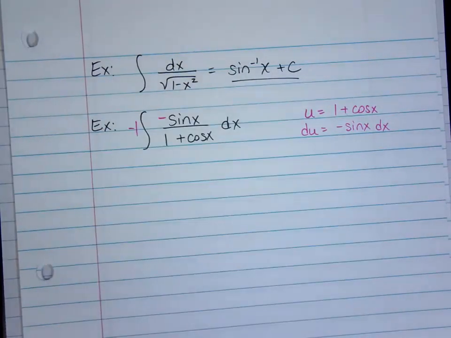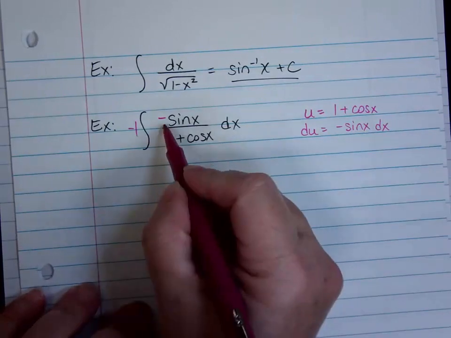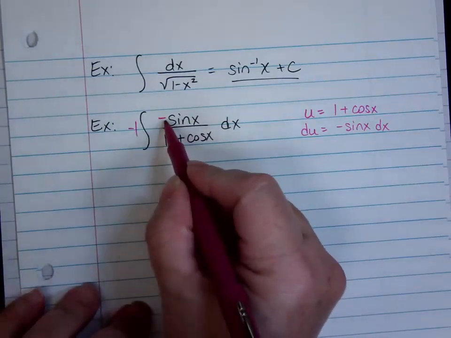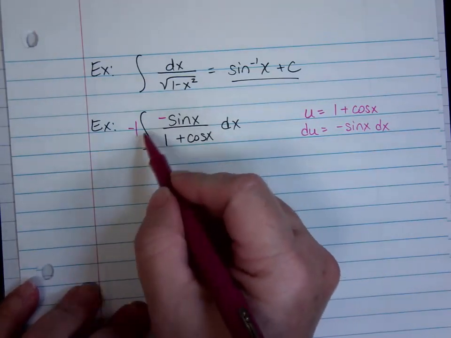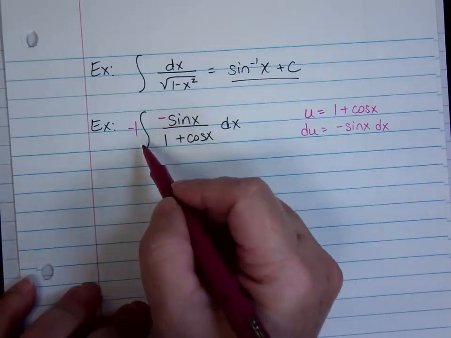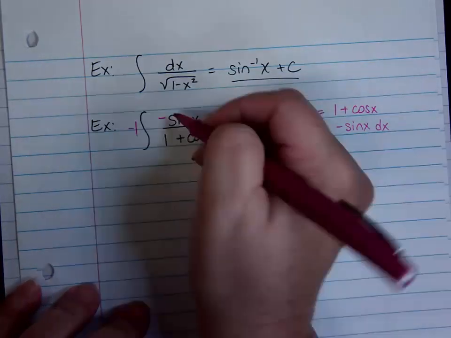I like to put negative 1, that way I don't forget the negative. Especially if you write small. If you write a teeny tiny negative there, you might totally forget about it. So where did the 1 come from in front of the integral? Because if I'm really multiplying this sine by a negative 1, because it needs a negative, these two have to cancel each other out. The reciprocal of negative 1 is still negative 1. All right. I'm going to circle my du this time because I can.